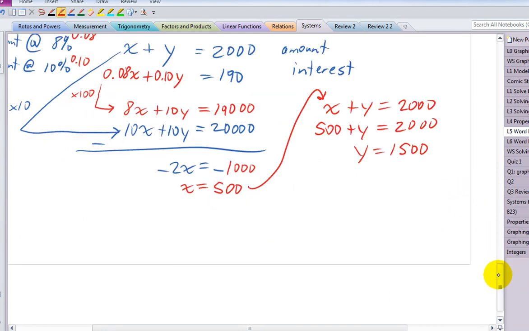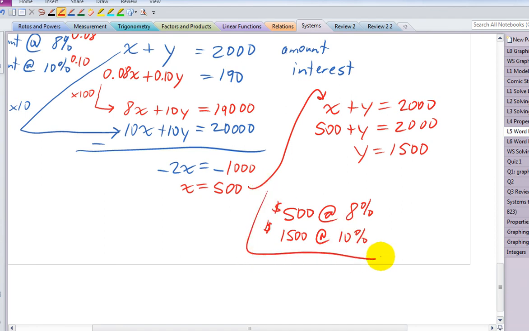And so now you can say $500 at what percent? 8%. And look at my legend. My y is 10%. So $1,500 at 10%. You must specify which for which. Okay, you must specify. A lot of work.